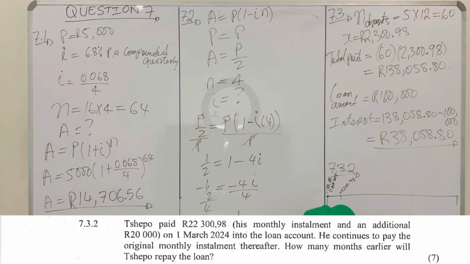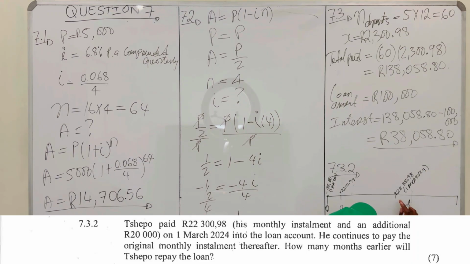And then we're told that at some point, maybe here, he paid 22,398 rands. This is the amount that he paid at some point. And this point is called 1 March 2024.